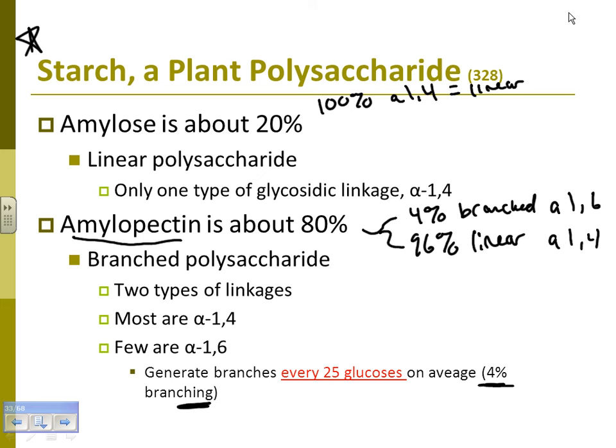If you were asked about the composition of starch, if you were to do the math out, because starch is mostly amylopectin, but it also has some extra linear, starch is going to be 97% linear, alpha-1,4.